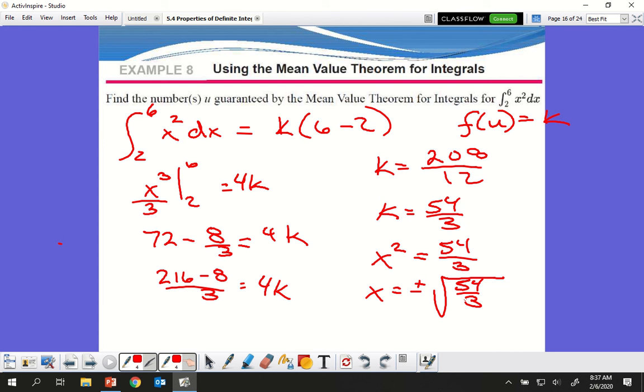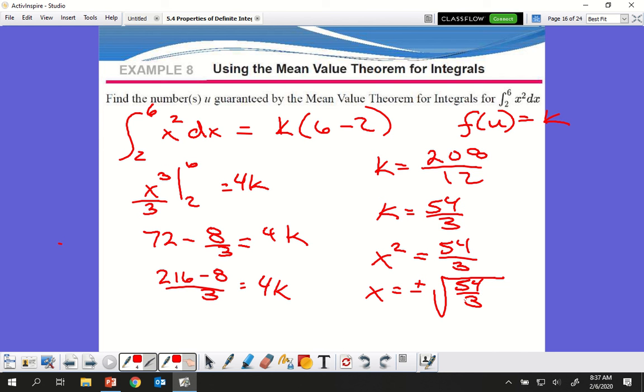Now, someone please math this for me. What is the square root of 54 over 3? Wait, hold on. What's 54 divided by 3? That does go in evenly, doesn't it?